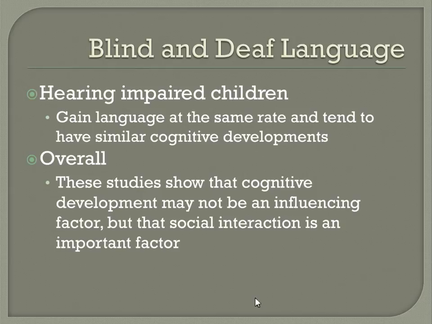Hearing impaired to deaf children tend to gain language at the same rate and have similar cognitive development if they're taught. So one issue that you see with language in the hearing impaired community is that for a long time there just weren't the systems in place in the schools and the ability for lower income families to have access to the right type of instruction.